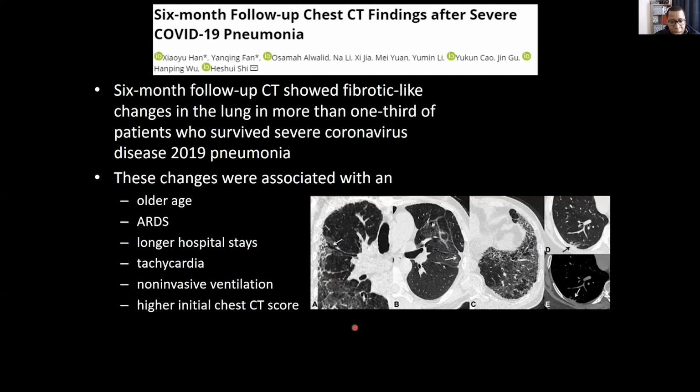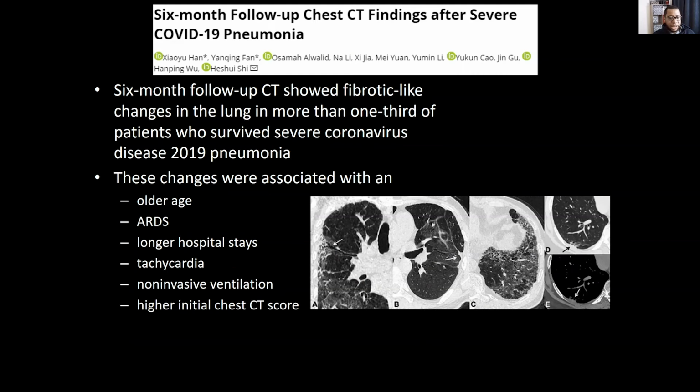So, people have all sorts of names for it, post-COVID syndrome, long haulers, but as thoracic radiologists and pulmonologists, it's important to know that a lot of these patients are having some residual loss of pulmonary function due to residual fibrosis.